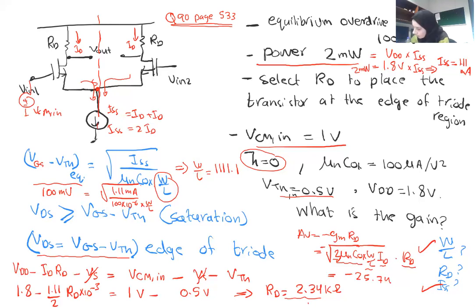Yes, your question, I'll answer first. Can you repeat what common mode means? Common mode is the average value, or the DC value, of the signals. So this is VN1 and this is VN2.